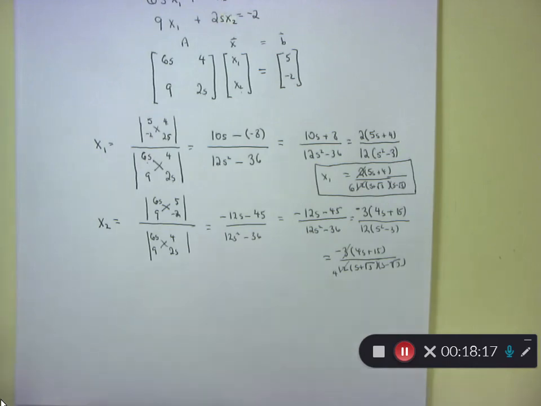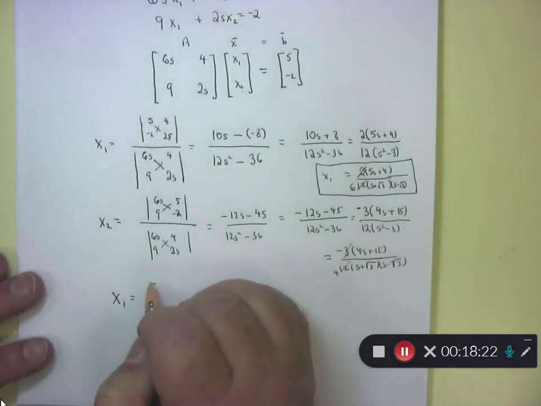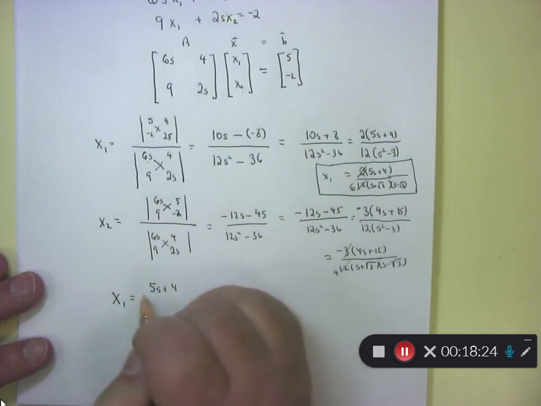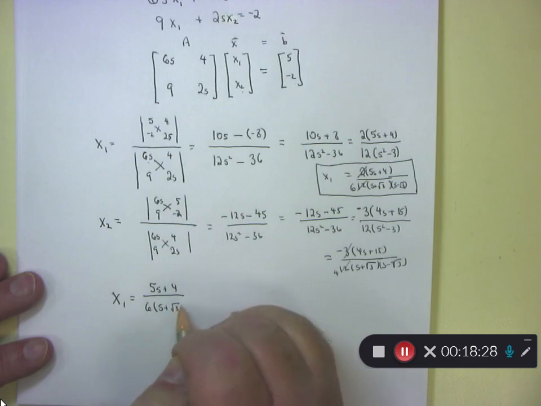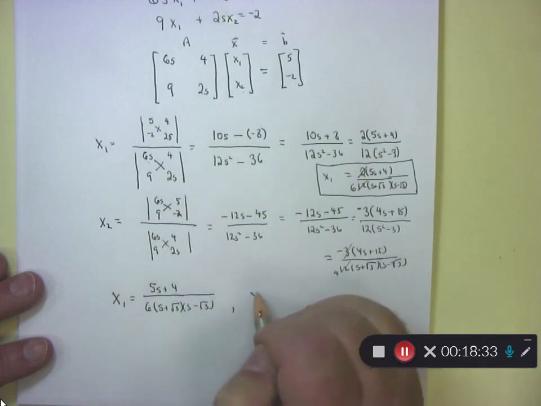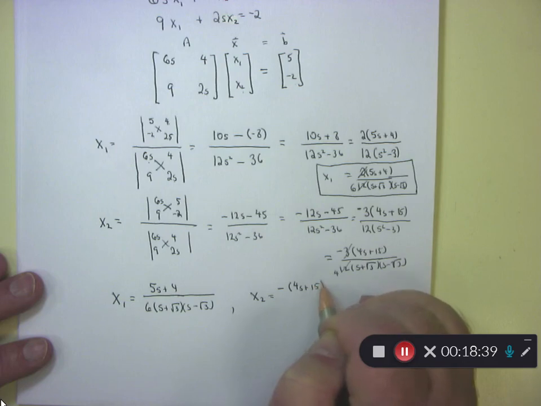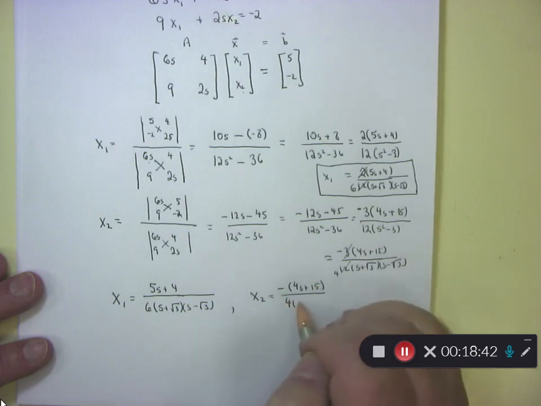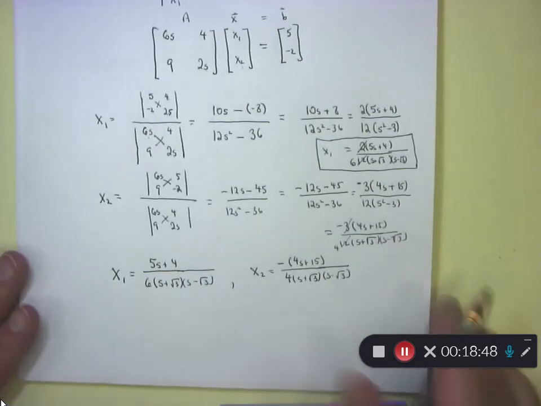So what I end up getting here is this. x1, when you reduce it down, is 5s plus 4 divided by 6 times s plus the square root of 3 times s minus the square root of 3. And x2 is equal to negative parentheses 4s plus 15 divided by 4 times s plus the square root of 3 times s minus the square root of 3. Does that make sense?